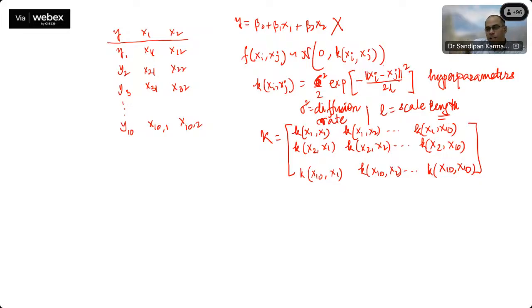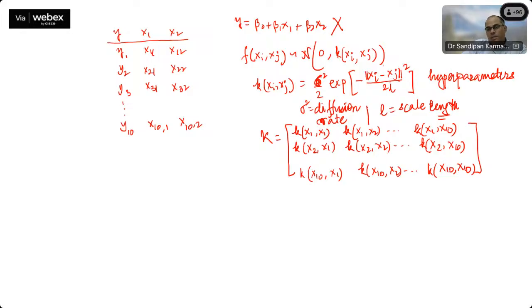Now, what are these elements telling? These elements are telling you whether two rows of observations are near or far, because here |xi minus xj| square is actually telling you the distance.